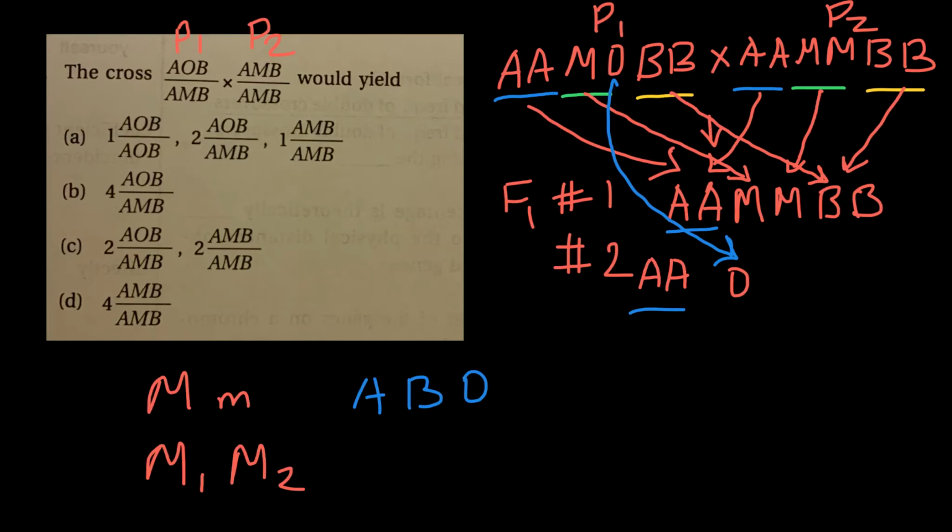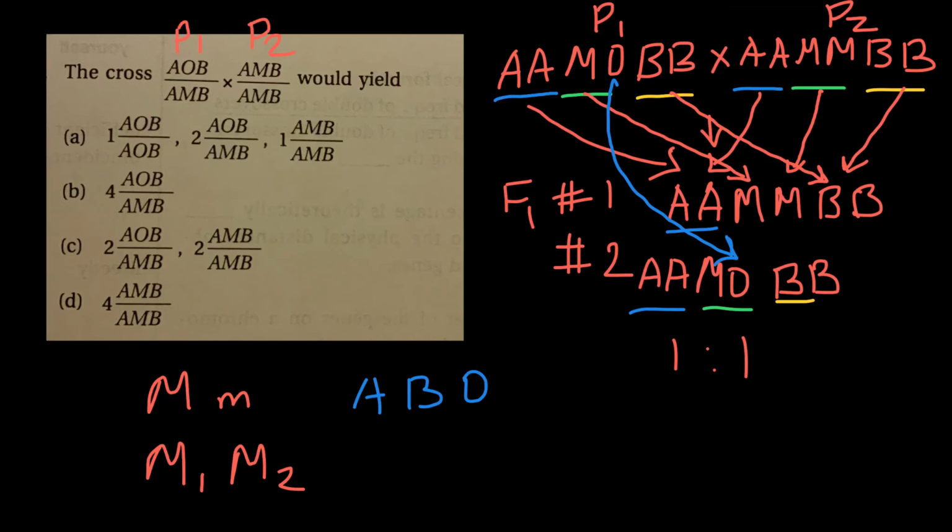Parent 2 can contribute for the gene M only the M allele, but parent 1 can contribute the O allele. And for gene B, both parents can only contribute dominant allele B. So you see, these two genotypes are going to happen with the same frequency, a ratio of 1 to 1.